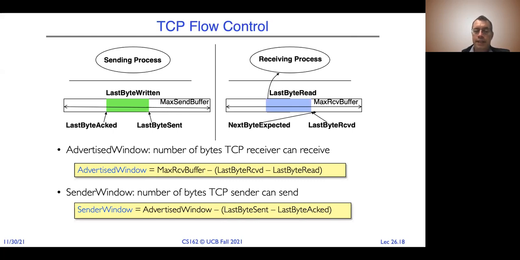So everything before last byte ACK can be dropped. And then you have last byte sent. So what is between last byte ACK and last byte sent? This green area represents the data that the sending process sent without being acknowledged. That's it.